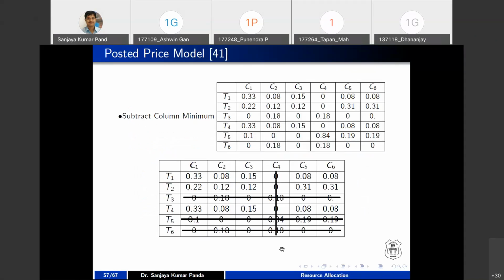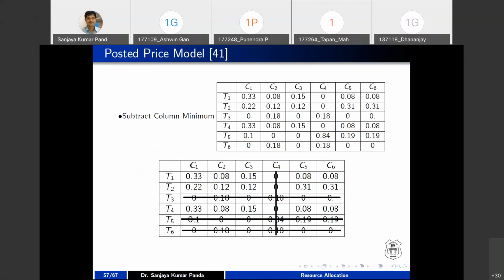After removing these, check which ones are not covered. Out of these uncovered elements, which one is the lowest? You can say 0.08 is the lowest of all the uncovered elements. So after finding this minimum uncovered element, what do you have to do?